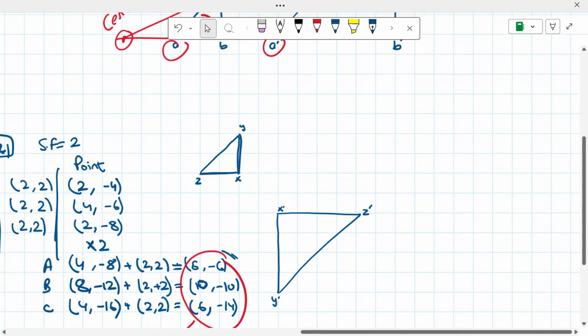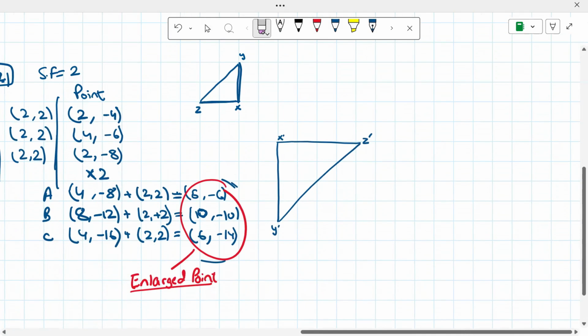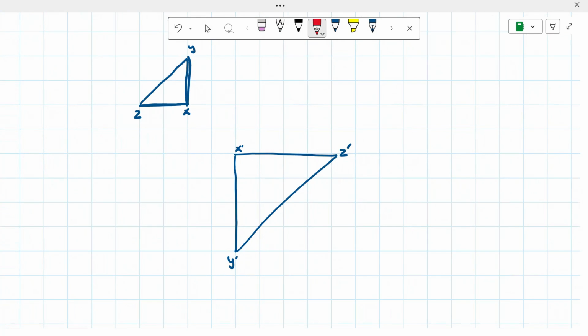The second example is the inverted one. Whenever we have an inverted enlargement, we will consider the scale factor as negative. But let's come towards the center. How do we determine the center of enlargement? Take any 2 points. For example, let's take X. Join these together, the object and the image.